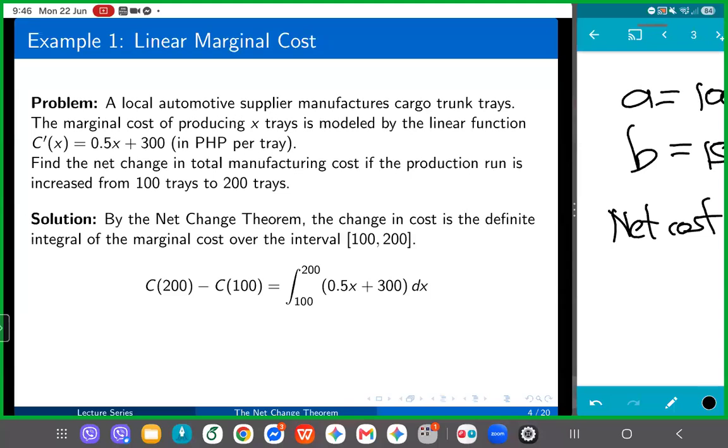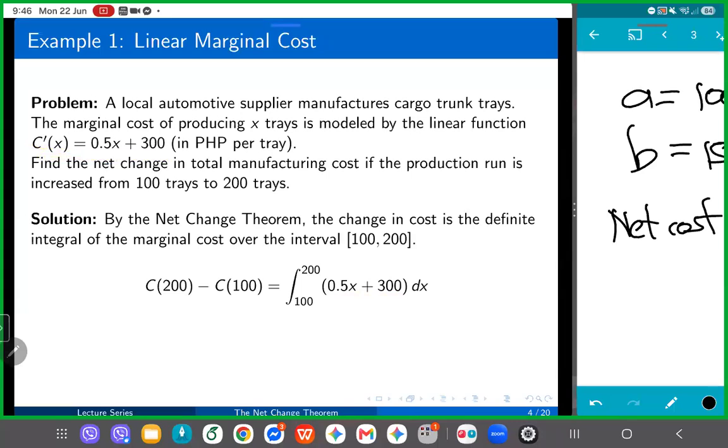Let's say by some statistical method, the company was able to model the marginal cost as given by this linear function. So how do we utilize it to calculate the net cost when we increase production from 100 trays to 200 trays? It will be the integral of the marginal, or the integral of the derivative.